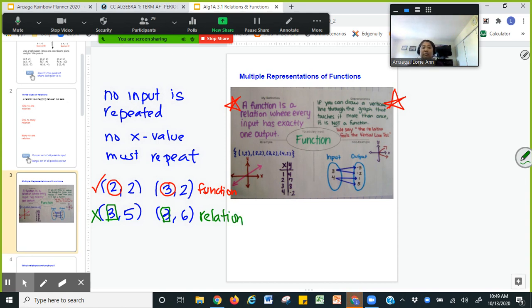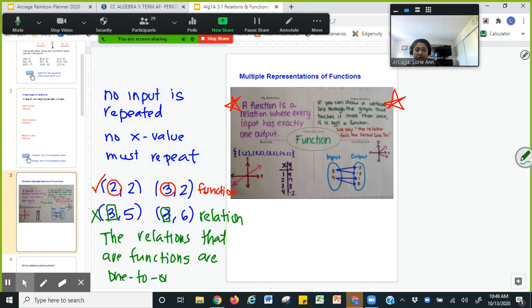Okay, so that means among the three relations that we talked about earlier, the only functions are, so let's write it down, the relations that are functions, okay, there are also functions, are one to one, and many to one. So those are the only relations that do not repeat the x value as an input.